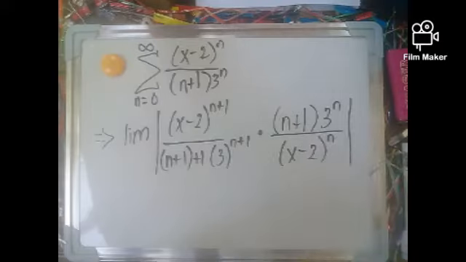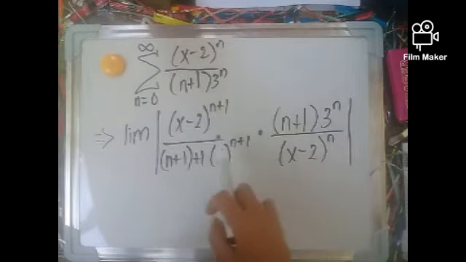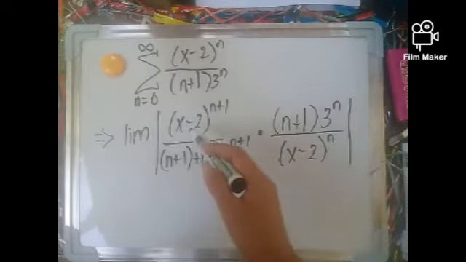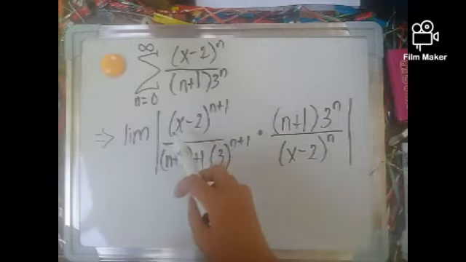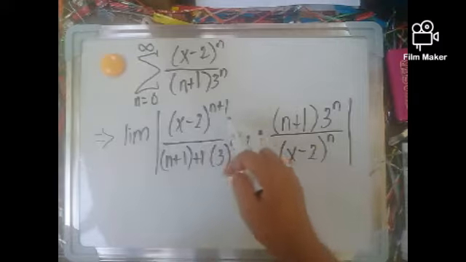To solve this, we are going to break down the factors na pwede nating i-break. Meron tayong x minus 2 raised to n and x minus 2 raised to 1.